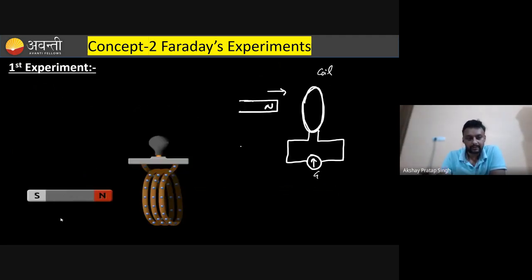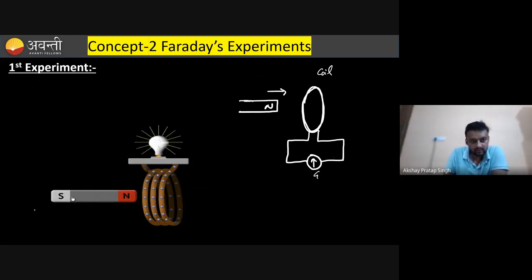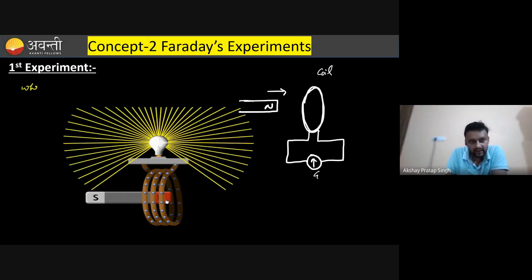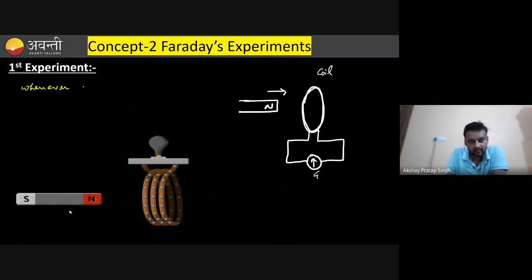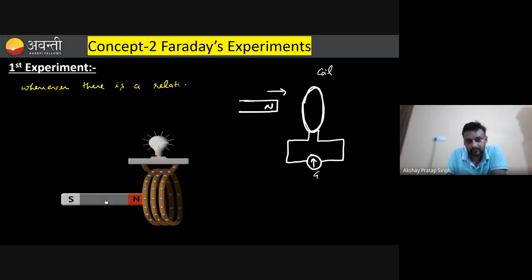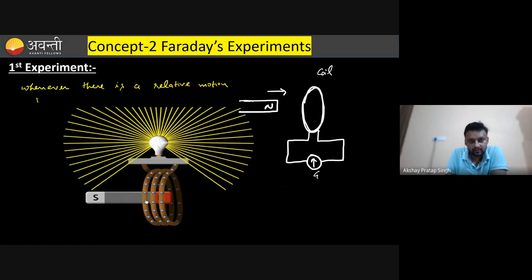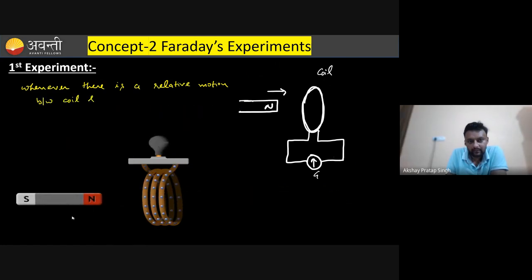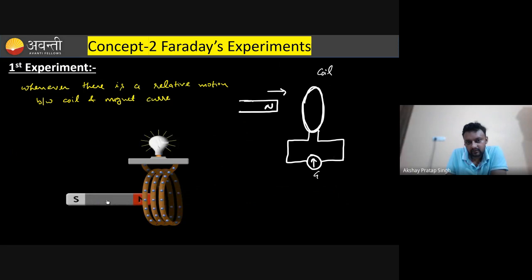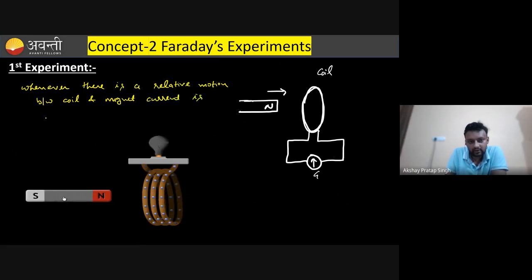whenever there is a relative motion between coil and magnet, current is induced.